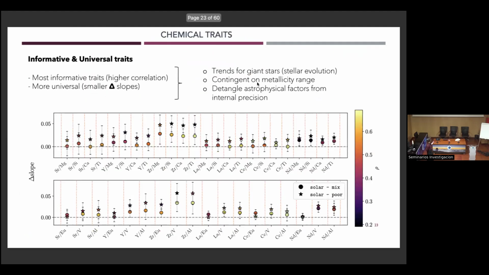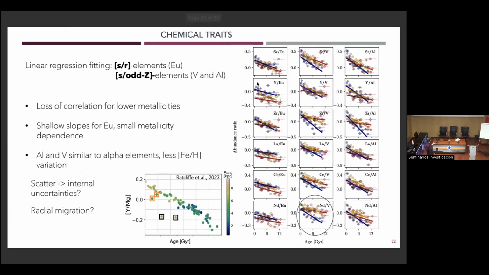You're deriving these slopes, but maybe you get a more precise age when you combine all these potential clocks. So you mean to add the iron in the abundance ratio as a second parameter? Yes.